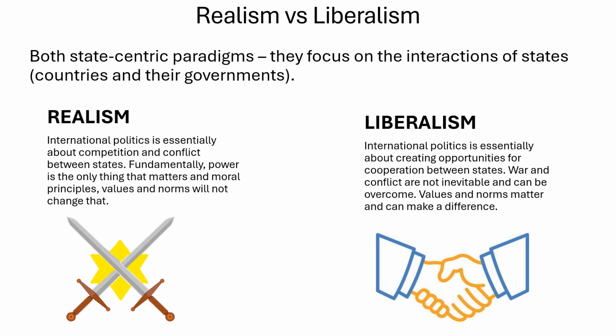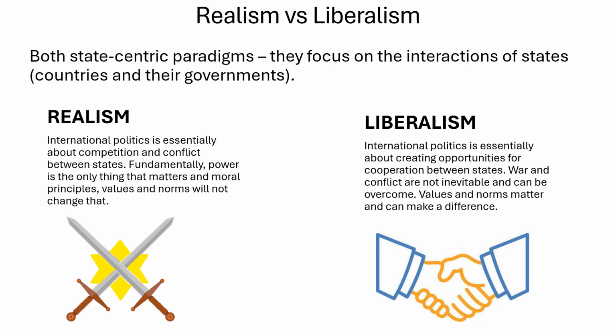Liberals take a much more optimistic view of the world, and particularly the prospects for nation states to collaborate and cooperate and ultimately to move towards a more peaceful, rules-based international order.